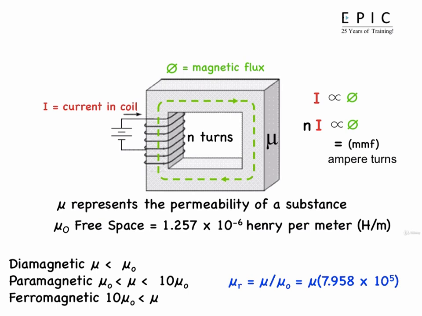Although there is an ability to increase magnetic flux due to the magnetic material, the material is also said to have a reluctance, or a resistance, to the ability to support a magnetic field.